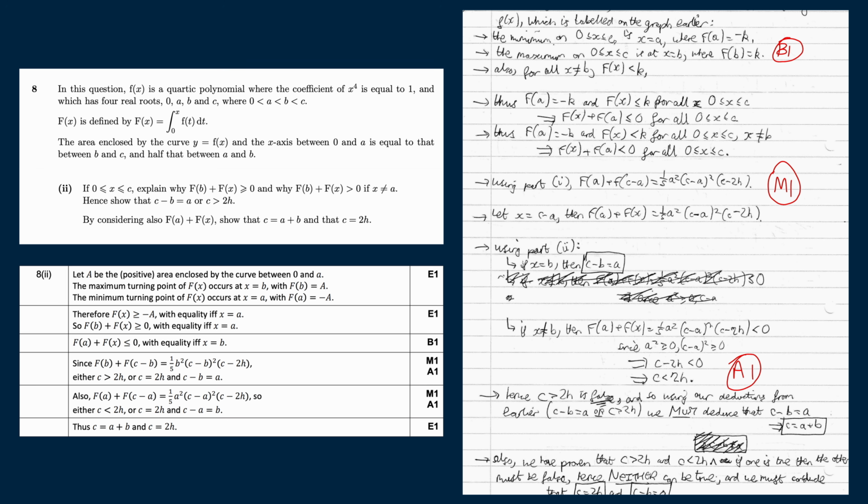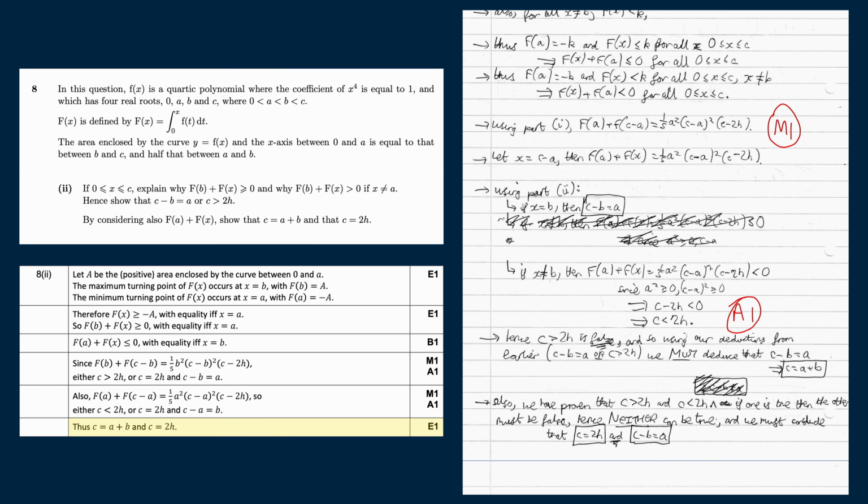Now, the final E mark is for reasoning that, in fact, we must have the C being A plus B and C being 2H case and not the alternative. I am not quite convinced by this reasoning here, because the student says we've proven that C is bigger than 2H or C is smaller than 2H and C is smaller than 2H. I don't think we have actually proven that. What we've proven is that this or something else is true, and this or something else is true.